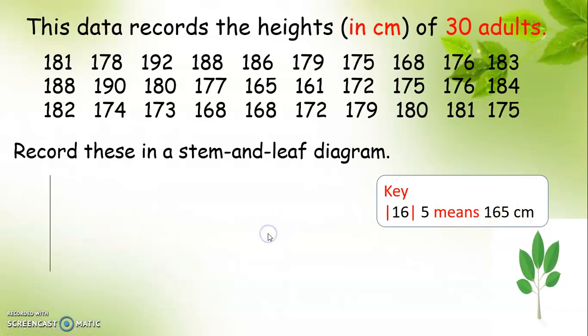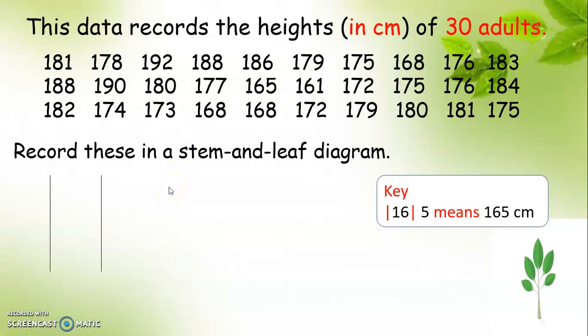Now, let us start our stem and leaf diagram. When you want to start a stem and leaf diagram, you must start from the lowest data. Here, our lowest data is 161. So we will use the first 2 digits first.